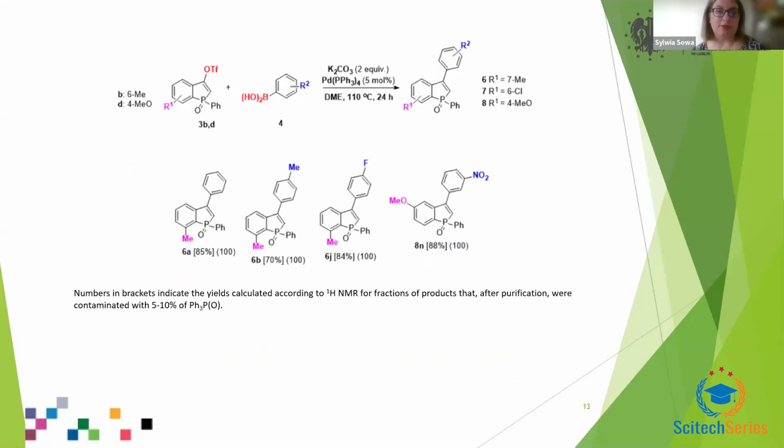When we go further, unfortunately, the situation is happening again: we found the products also substituted with methyl group and methoxy group are quite difficult to separate from the byproduct 3-phenylphosphine oxide. And in this case, we unfortunately have to calculate the yields according to proton NMR. Once again, this amount of 3-phenylphosphine oxide was quite low. However, they are not pure enough.